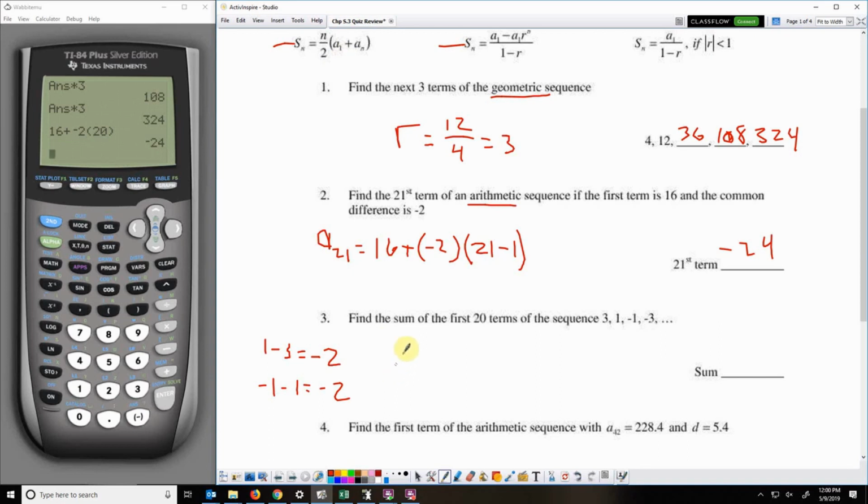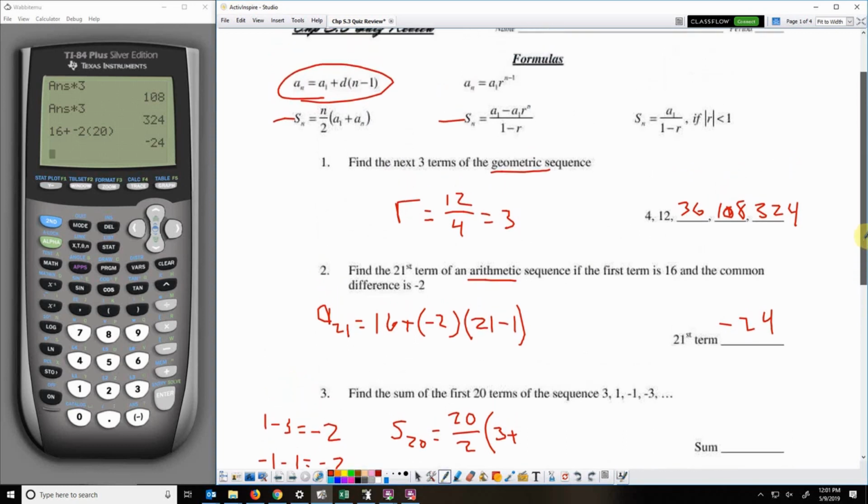So the sum of the first 20 terms is n over 2, 20 over 2, times the first term, which is 3, plus the last term, which is actually term number 20. So I actually need to find the value of term 20. Anytime I use this formula right here, I've got to use the one right above it also.